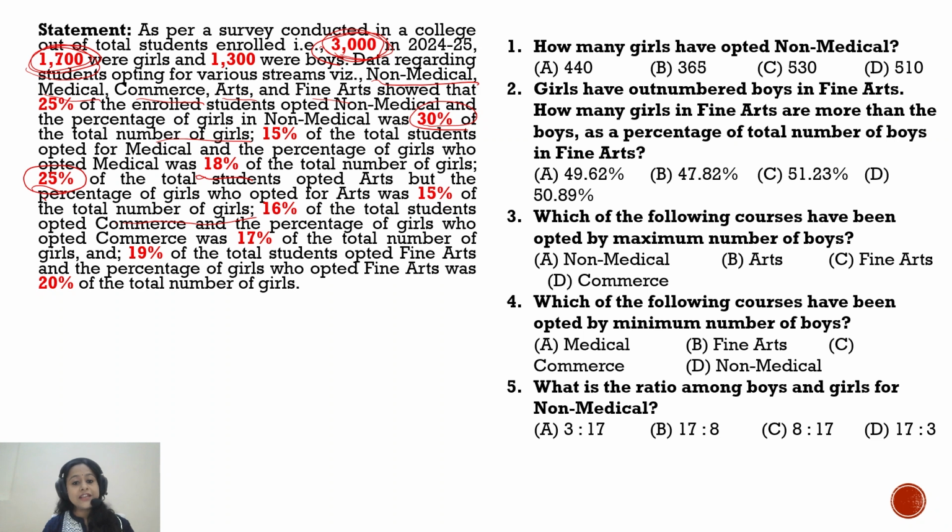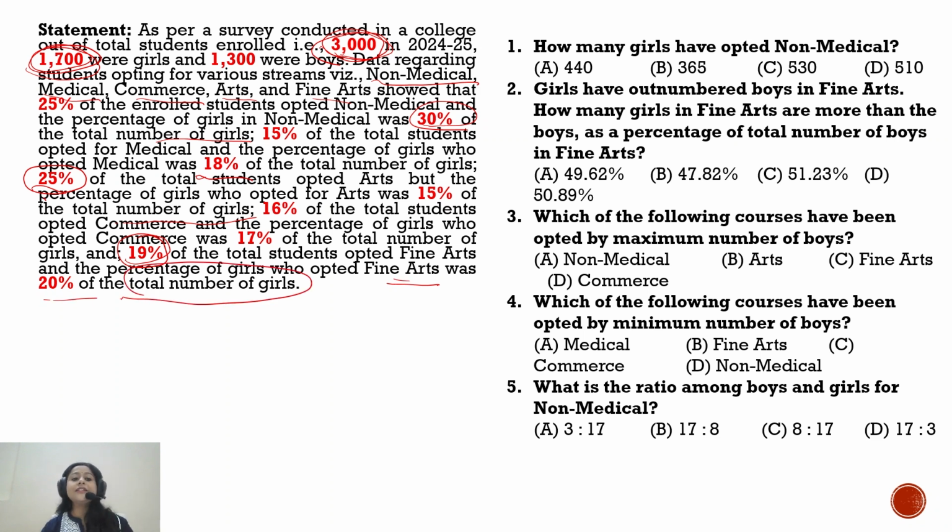Then 16% of total students opted for commerce, whereas the percentage of girls who opted for commerce is 17% of total number of girls. And finally, for fine arts, the percentage for total students is 19%. So 19% of total students opted for fine arts, and among them 20% of total number of girl students opted for fine arts.